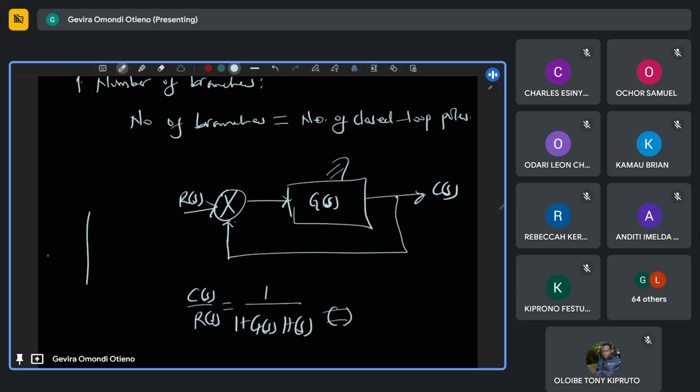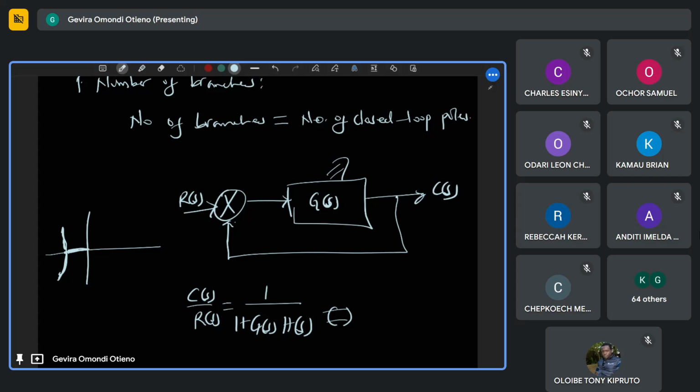But if you want to know the number of branches, like how many branches are there in your root locus? When I say how many branches, this could be one branch, and then it branches into another branch, and then another, you know? So you can see how many directions it takes. That is the branches, okay? The branch is a path that a pole traverses.